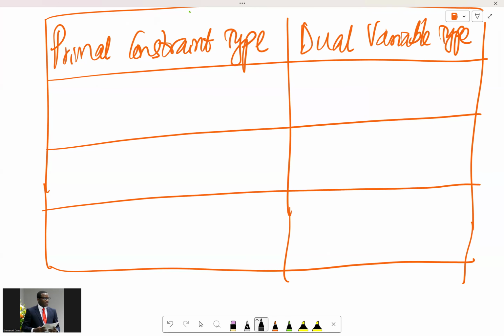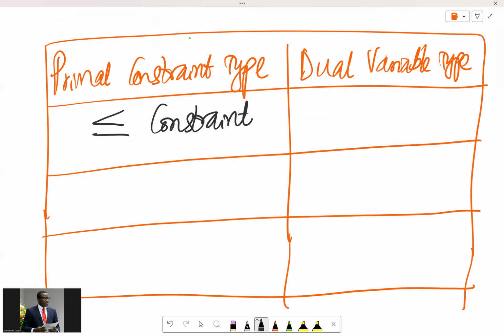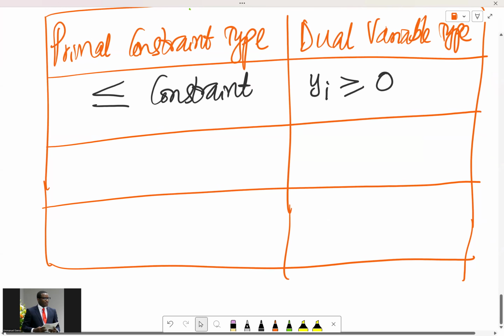Now, for instance, if you have a less than or equal to constraint, it is going to give you a non-negative dual variable type.